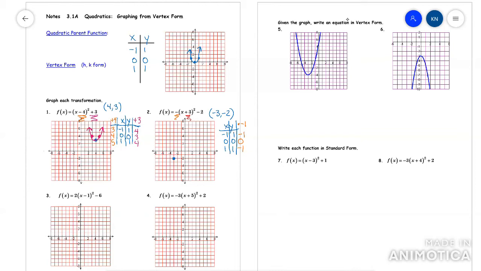It's inside, so it affects my x values, and it's lying to me, so I'm going to -3. All right, and then this last one's the -2 at the end. That's affecting my y values. And when you apply it, now you're applying it to these new y values. So I'm going to -2 on all of these numbers.